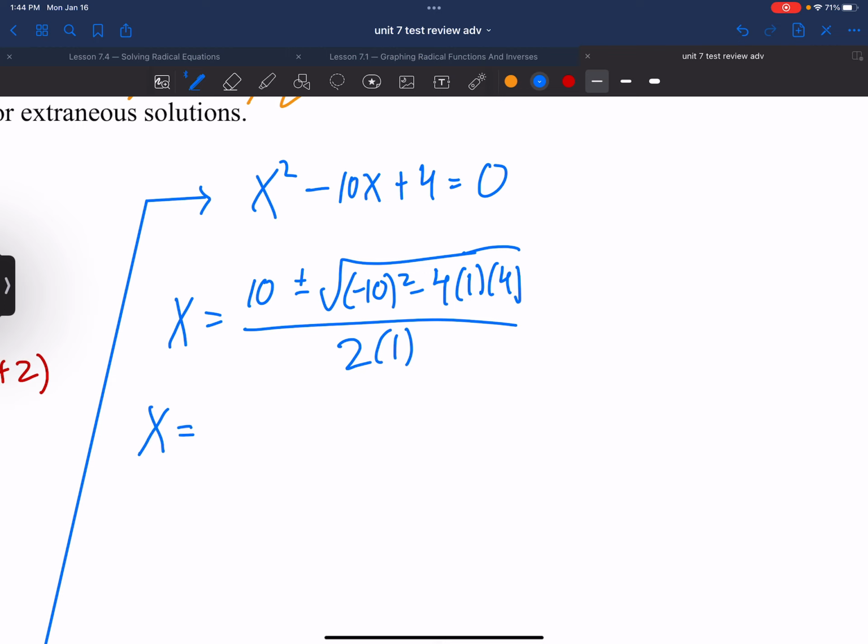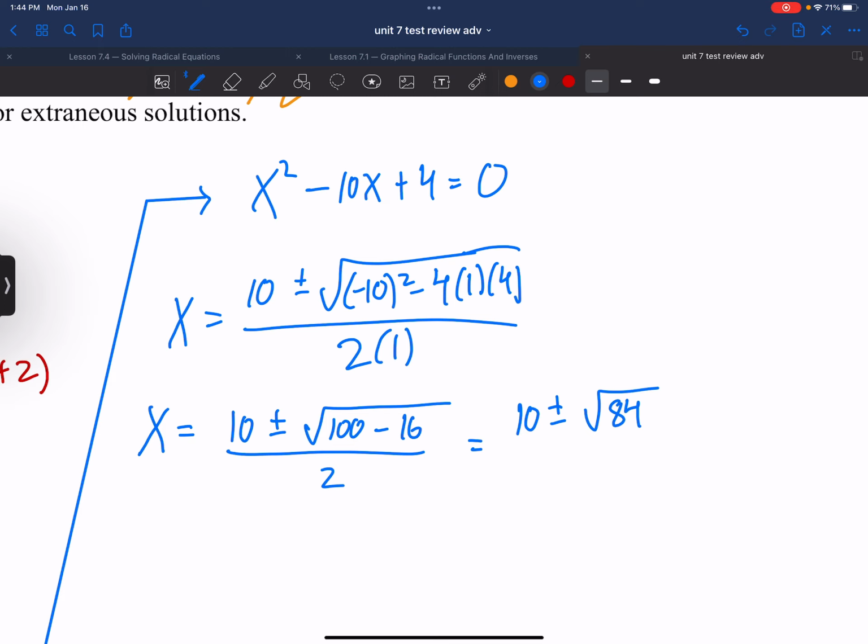So this equals x equals 10 plus or minus root, that's 100 minus 16, all over 2, which equals 10 plus or minus root 84 over 2.